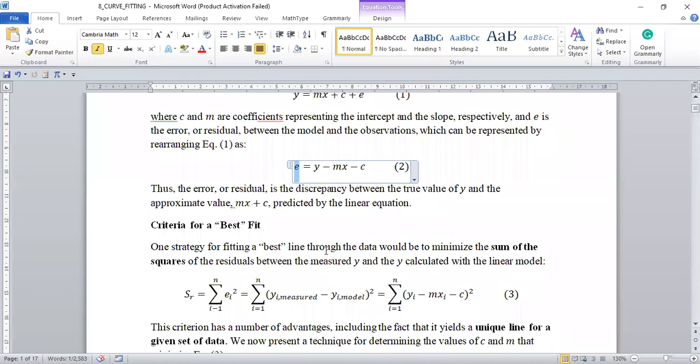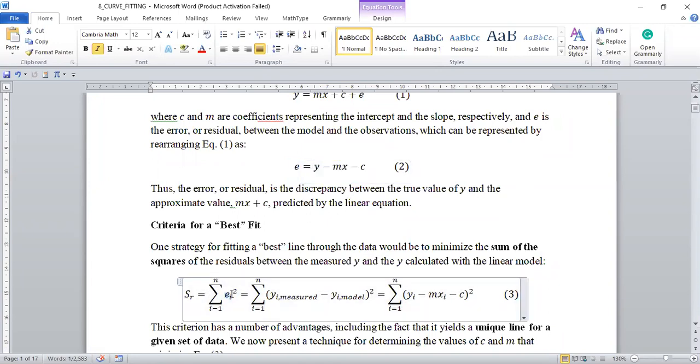There are different methods that can be used, but the best strategy is to minimize the sum of the squared errors, where the error is given by this formula.